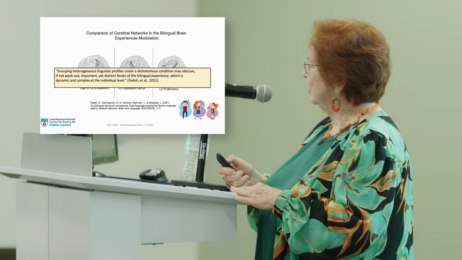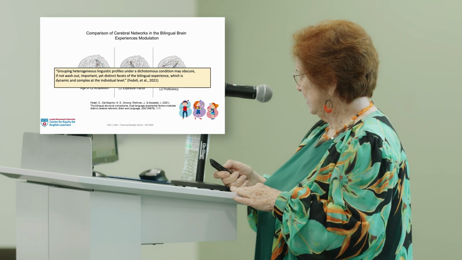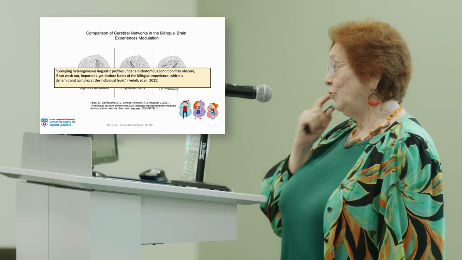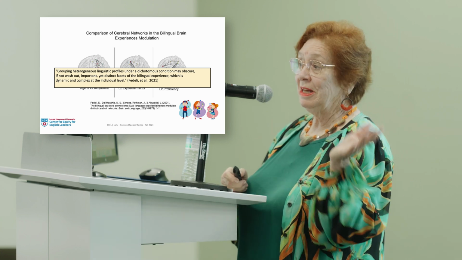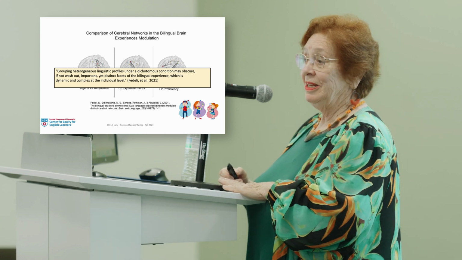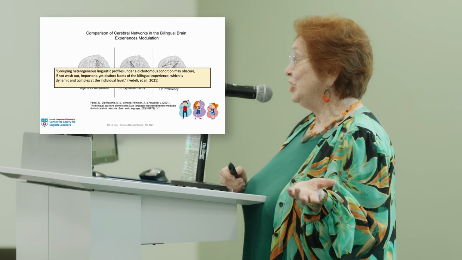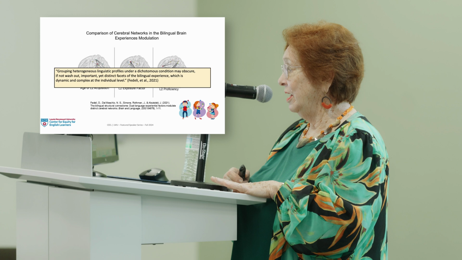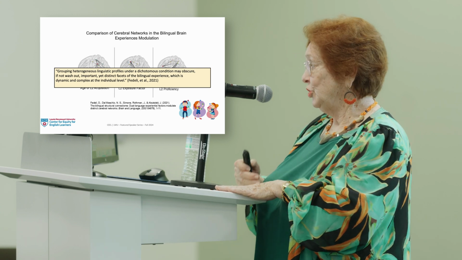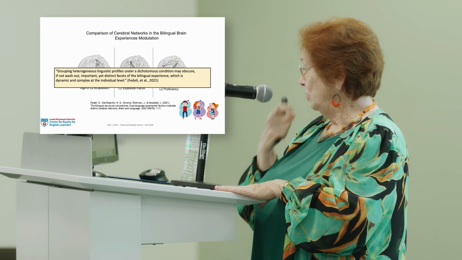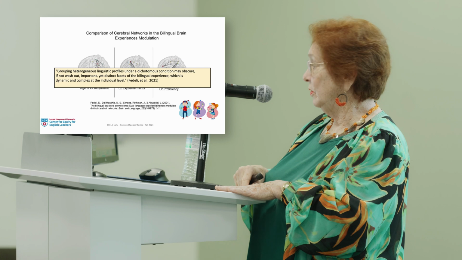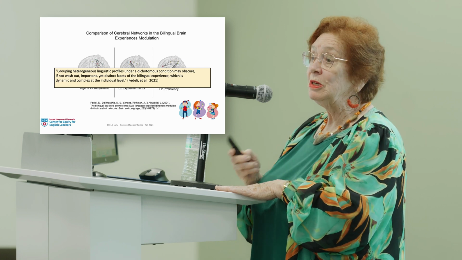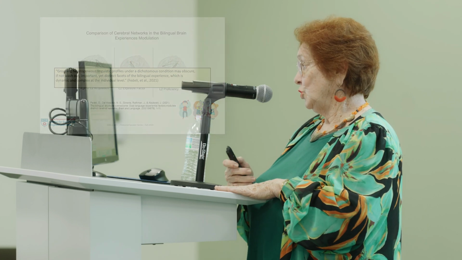And the important conclusion that this draws is that if we only consider bilingual learners as being homogeneous, all alike, we're going to be missing out on a lot of the knowledge that research gives us about how their individual differences and their individual bilingual experiences in the home and in school are influencing their learning.